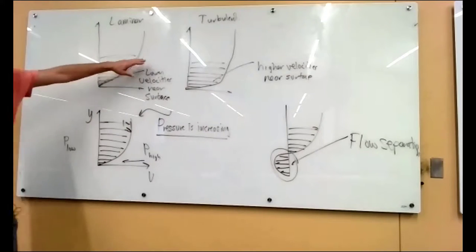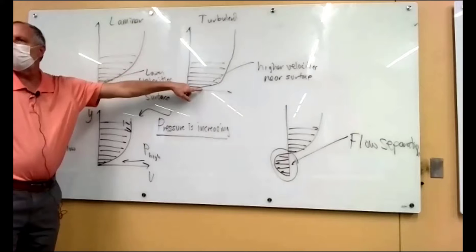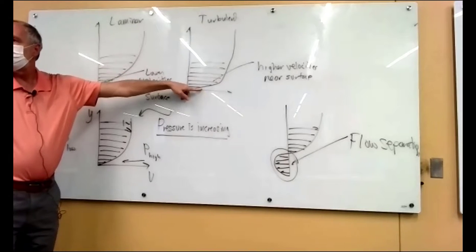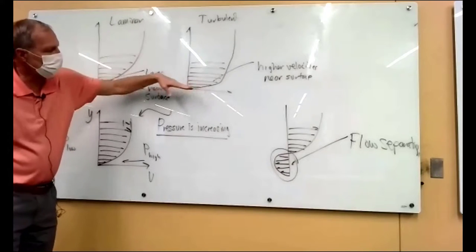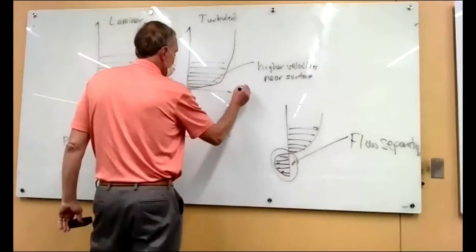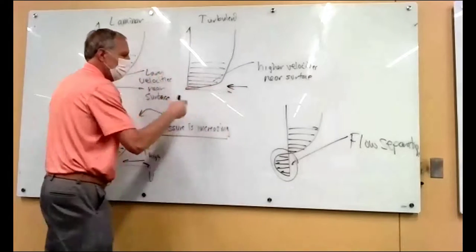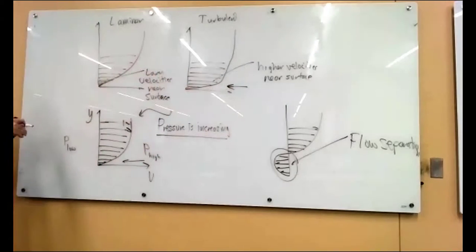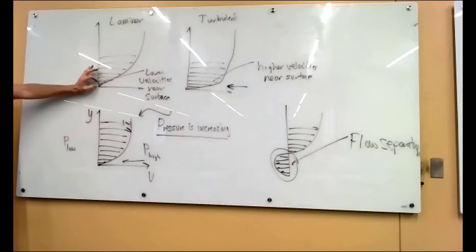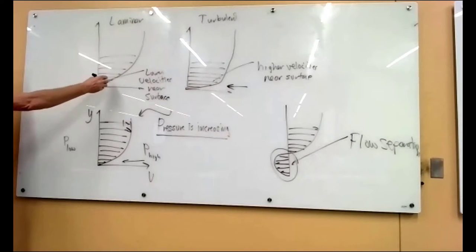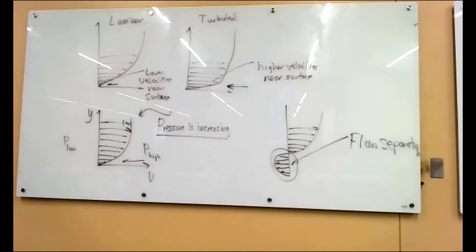The boundary layer up here that has higher velocities near the surface is going to resist that slowing, right? Because it's got higher, bigger vectors here. So it takes a lot more net force backward to slow this and reverse the flow, whereas laminar has very small velocities near the surface. So even a small amount of pressure backward is going to slow that down and reverse the flow.